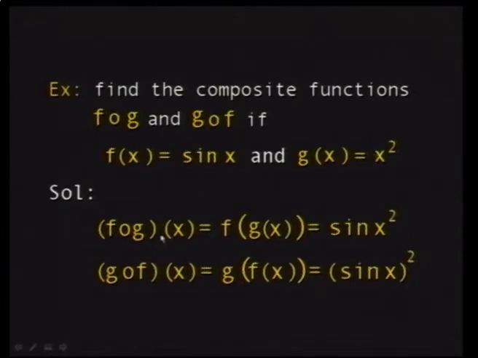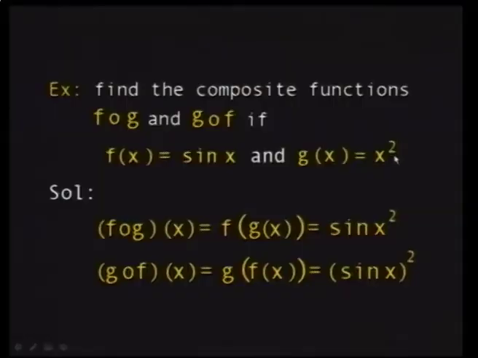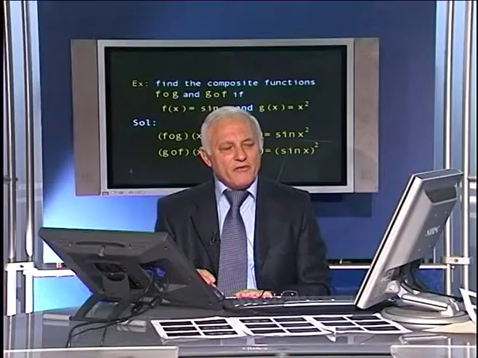In other words, in order to obtain f of g of x, since g of x is fed into f, you have to make sure that the range of x squared lies in the domain of sine x, and this is true because the range of x squared is from 0 to infinity, and the domain of f is R, and therefore the range of g lies in the domain of f. So everything which comes out from g can be fed into f to obtain sine of x squared.